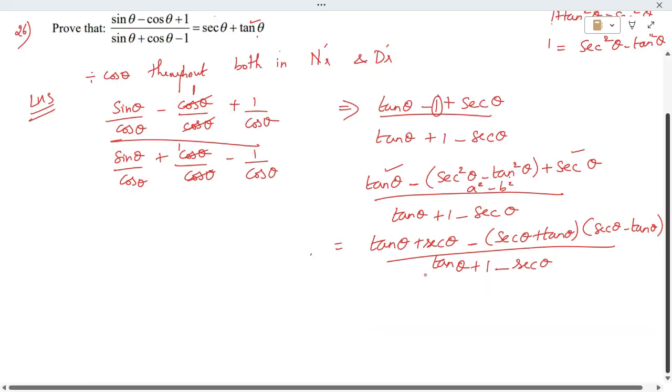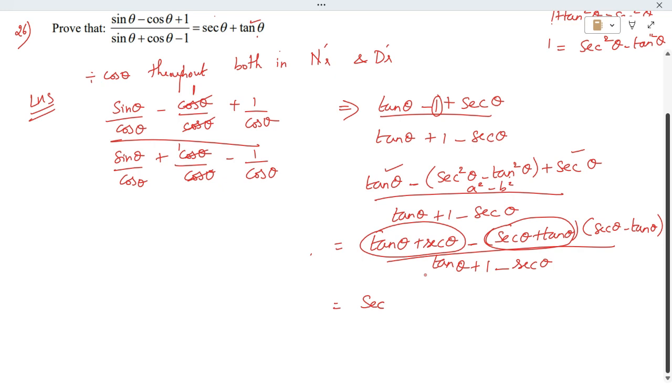Got it? If you take secant theta plus tan theta commonly out, in the place of secant theta plus tan theta I can write 1 and minus. So the remaining is secant theta minus tan theta, by the denominator tan theta plus 1 minus secant theta.